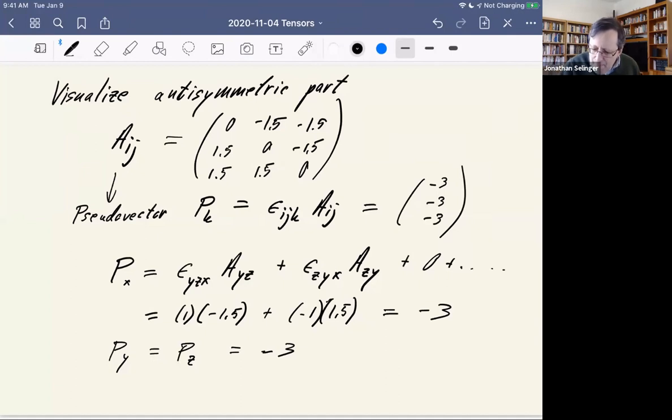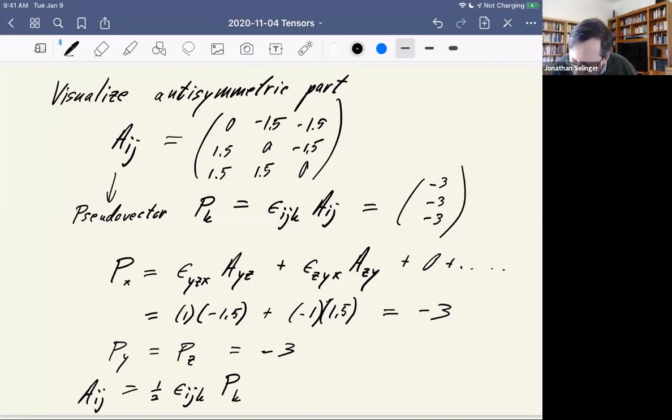Similarly, you can go back from the pseudovector to the A, right? And the antisymmetric tensor could be written as A_ij equals 1/2 epsilon_ijk P_k.